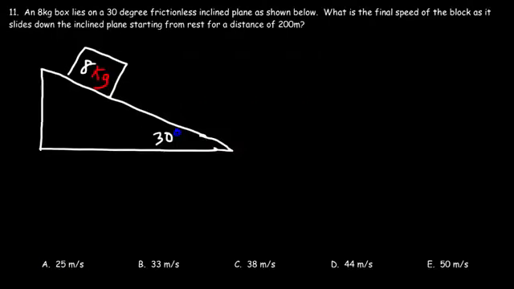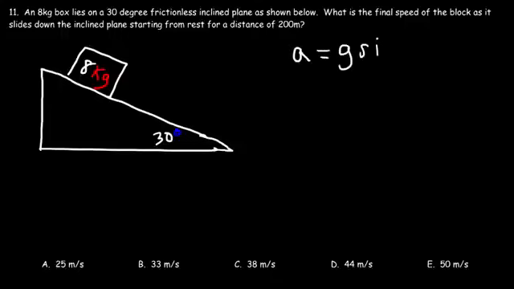Number 11. An 8 kilogram box lies on a 30-degree frictionless inclined plane as shown below. What is the final speed of the block as it slides down the inclined plane starting from rest for a distance of 200 meters? So based on the last problem, we know how to calculate the acceleration.